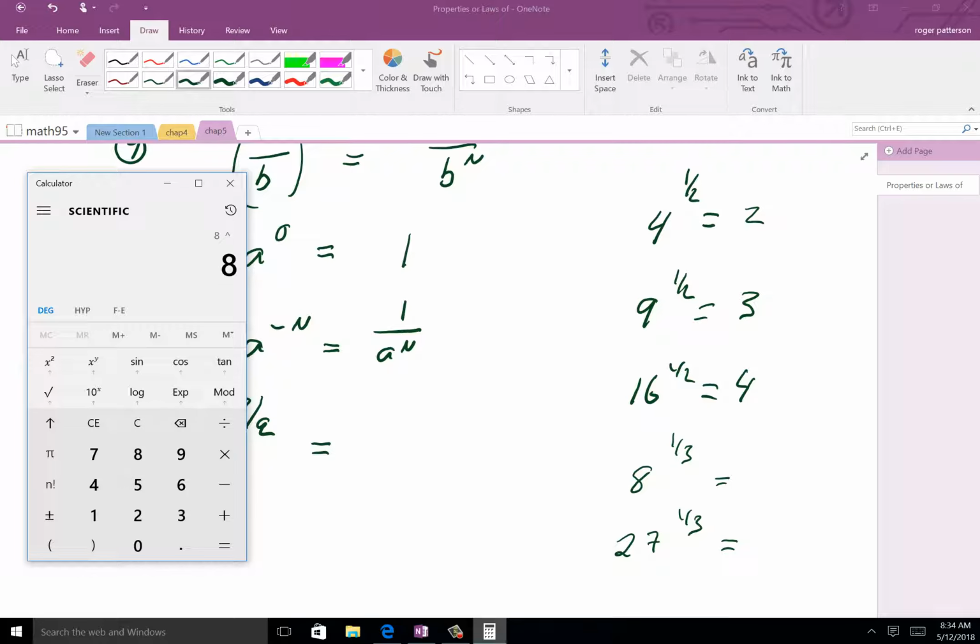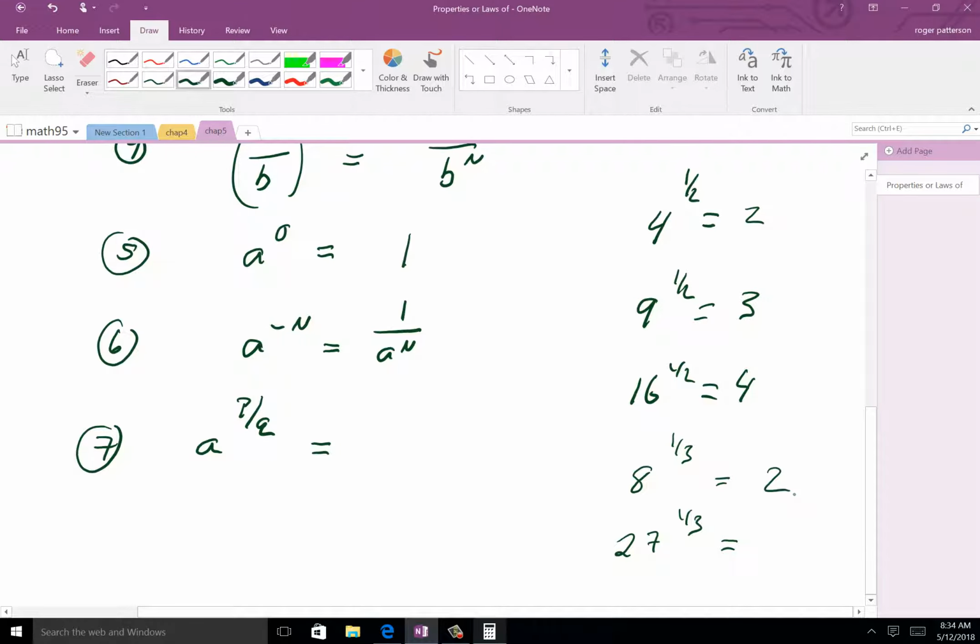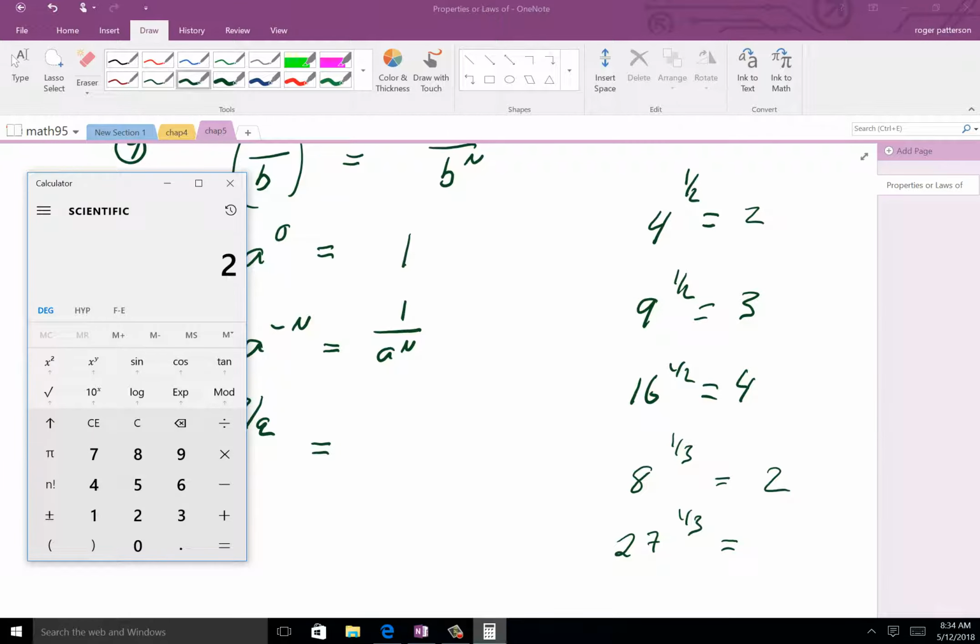So if it's a cube root, then 8 to the 1/3 should be 2. Because 2 times 2 times 2 is 8. And then to finish it off, 27 to the, let's try this out, 1 divided by 3, close it, equals 3.